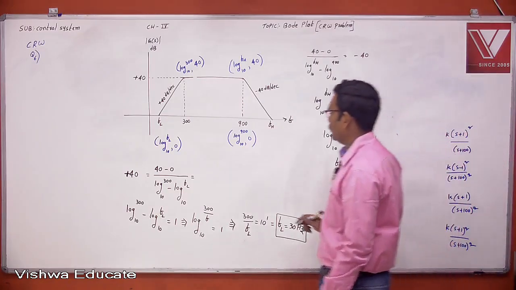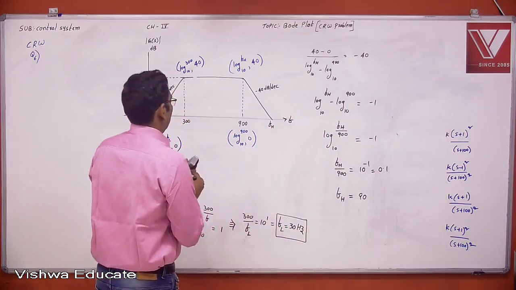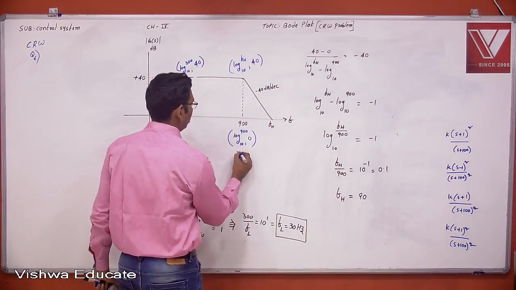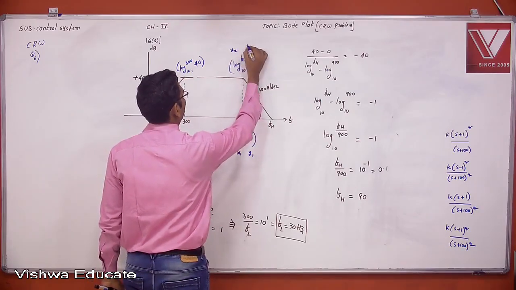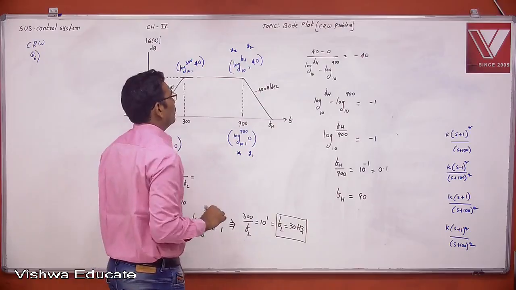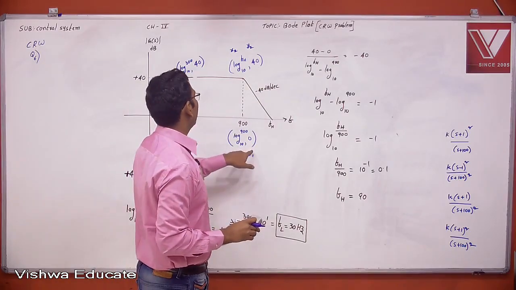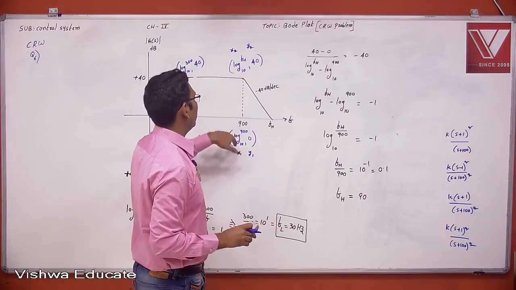Now here I think you will take x1, y1, x2, y2. Now y2 minus y1 by x2 minus x1.